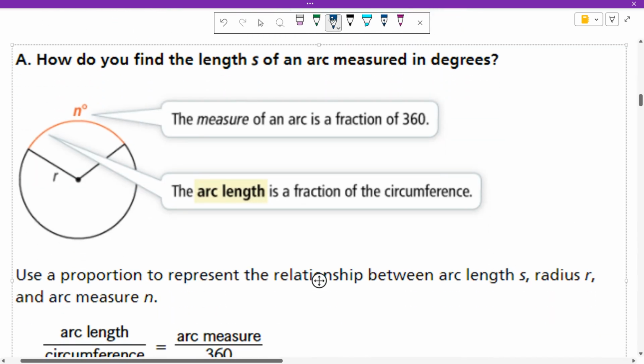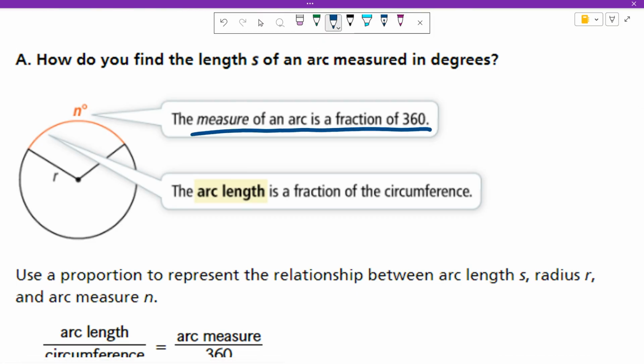Arc length, the measure of an arc is what part of it is out of 360. Arc length is a fraction of the circumference. So those of you with vocab sheets in front of you, that's the first word on your vocab sheet.